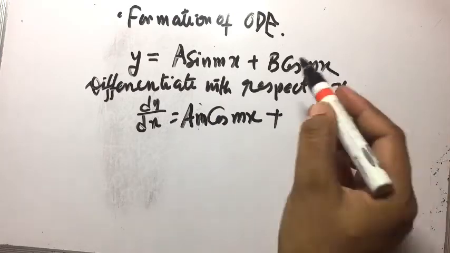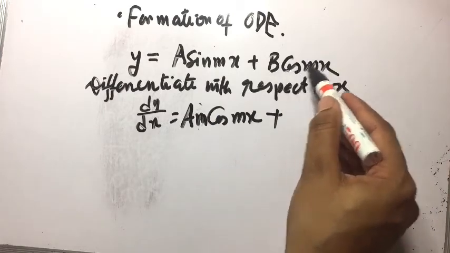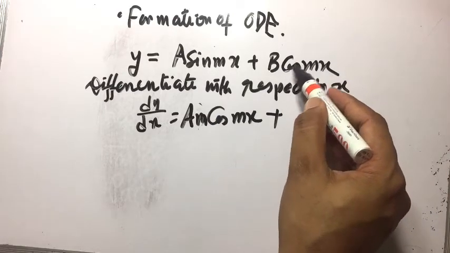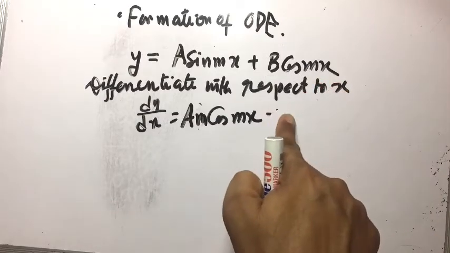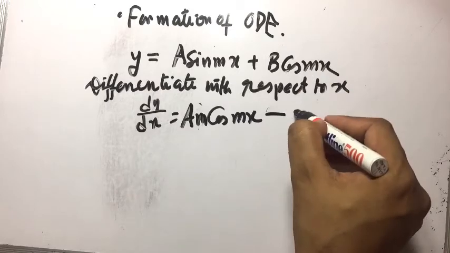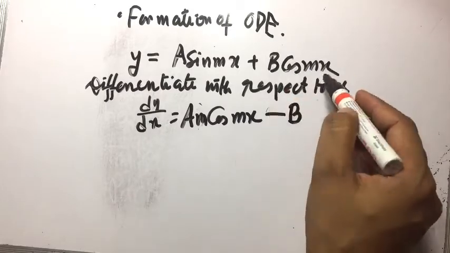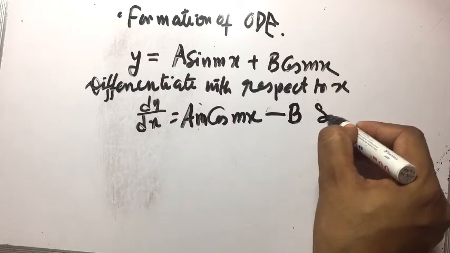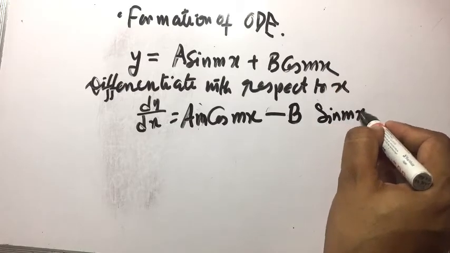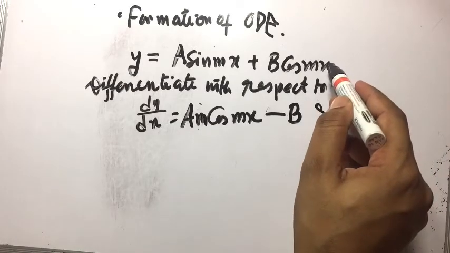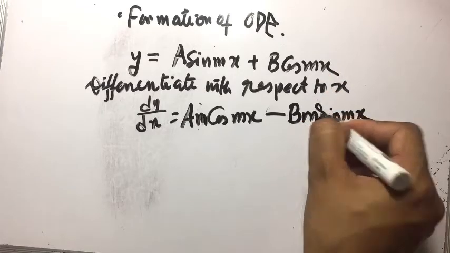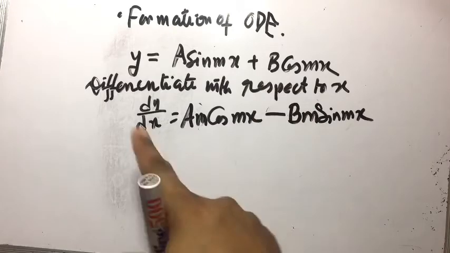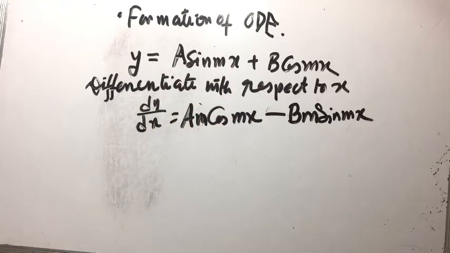Now plus b cos mx: if you differentiate cos, it converts to minus sin, so we get minus b times m times sin mx. The derivative of sin x is cos x, and the derivative of cos x is minus sin x.